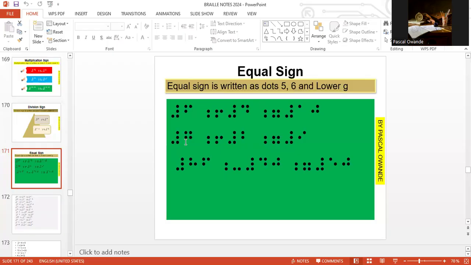The second one is 7 plus 2 equals 9. And the third one is 86 minus 40 equals 50.